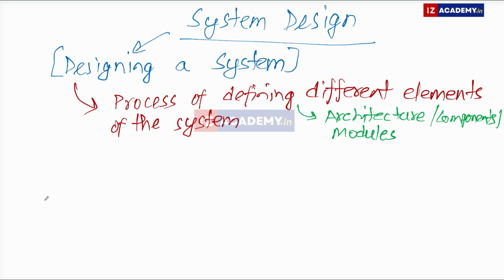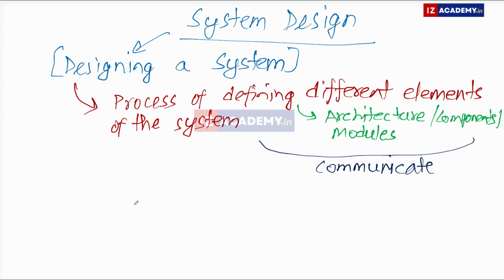And we also have to ensure that all these different elements should be able to communicate well amongst each other, right? And why do we need that? Because if they are not communicating, how will we be able to share the data? How will the data flow?